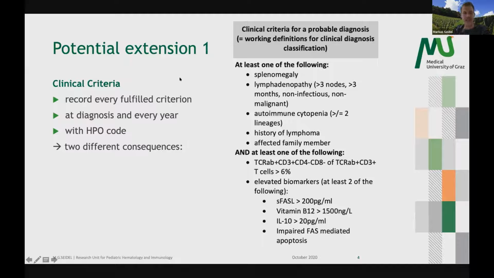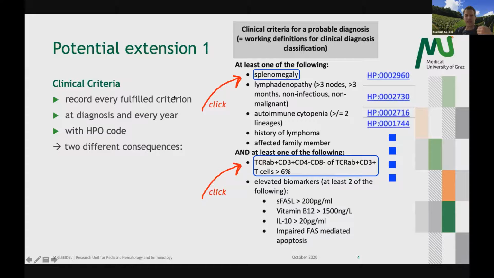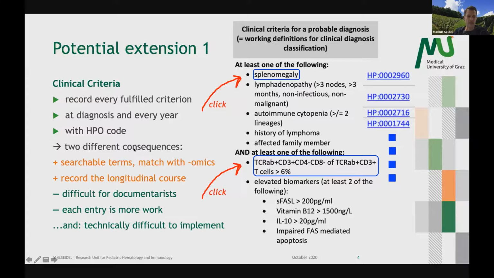So the potential extension now of the use of HBO terms in the ESID registry would be to record every fulfilled criterion in a patient, first at the initial diagnosis and the first entry, and then every year at the follow-up. For example, by clicking on the clinical term or on the lab abnormality, this would automatically be added with the HBO code. And this would have 2 different consequences.